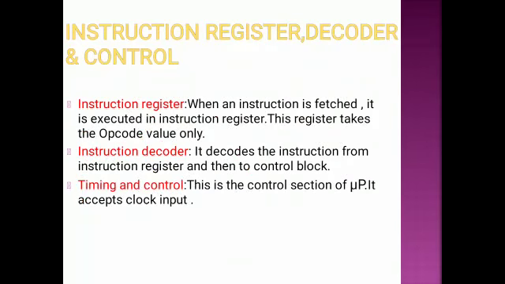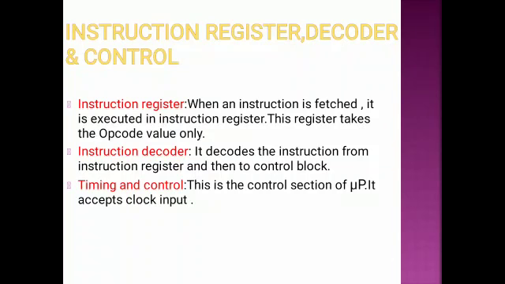So next, the second unit of your processor is the instruction register, decoder and controlling unit. So instruction register: when an instruction is fetched, it is held in the instruction register.